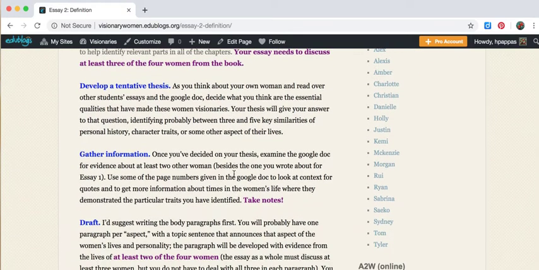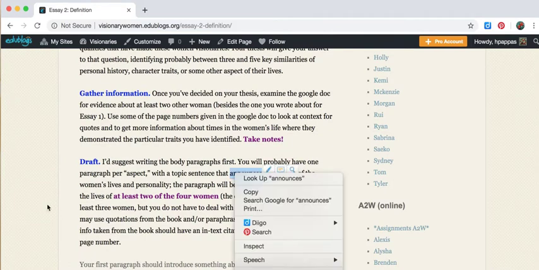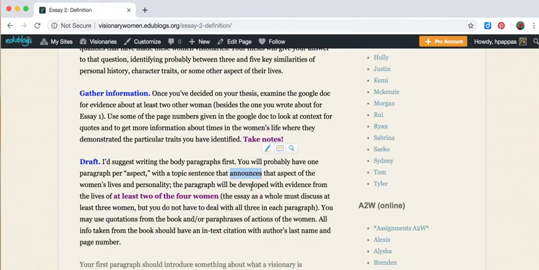And then further down, there is another requirement that for each of the qualities or similarities that you're talking about, you need to discuss at least two of the four women. So the three women over the whole essay at least, and at least two women in each section.